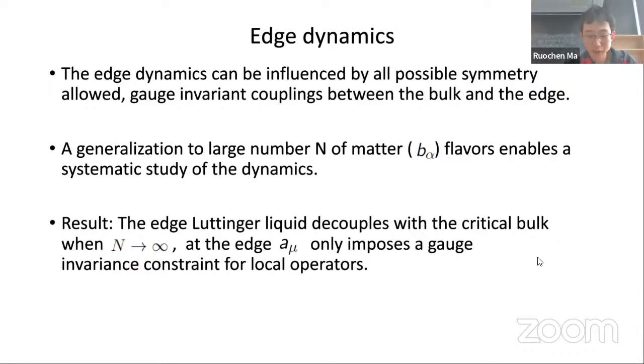And there are a lot of possible couplings. To see how they can influence the edge dynamics, we consider a generalization to a large number of bosonic matter flavors. So a good thing is that the observables in the IR, if we consider a large-N generalization, can be computed perturbatively order by order in 1/N.